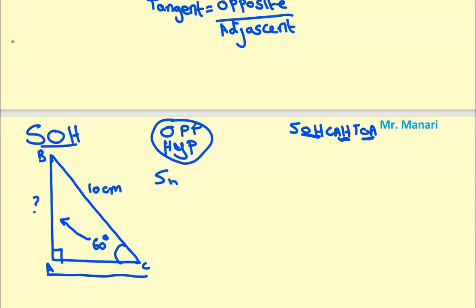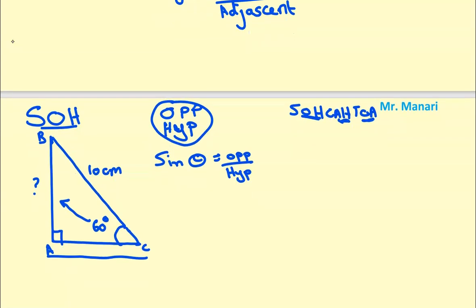So we say sine theta is equal to opposite over hypotenuse. It's not a must for you to say opposite. You can also say just o over h. Now our angle is 60 degrees, so we can say sine 60 is equal to the opposite, what we are looking for, which we can call x, over the hypotenuse, which is 10.